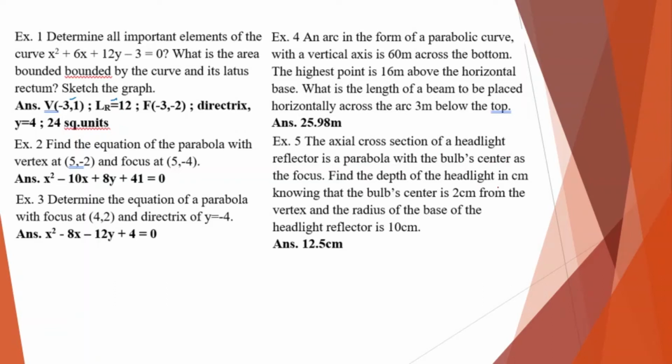Find the depth of the headlight in cm, knowing that the bulb center is 2 cm from the vertex and the radius of the base of the headlight reflector is 10 cm. What we will do here is again illustrate. We are tasked to determine the depth of the headlight.